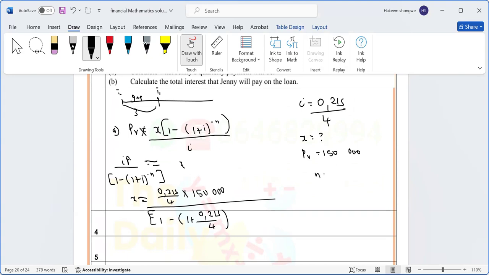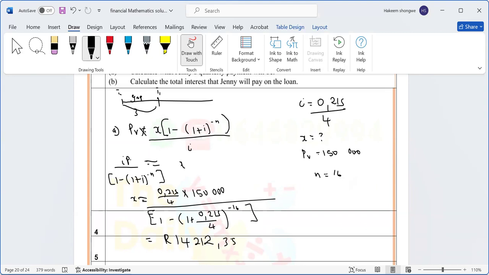And then our n, what did you get as our n? 16. Minus 16. What did you get as your answer here? 14,212.35.